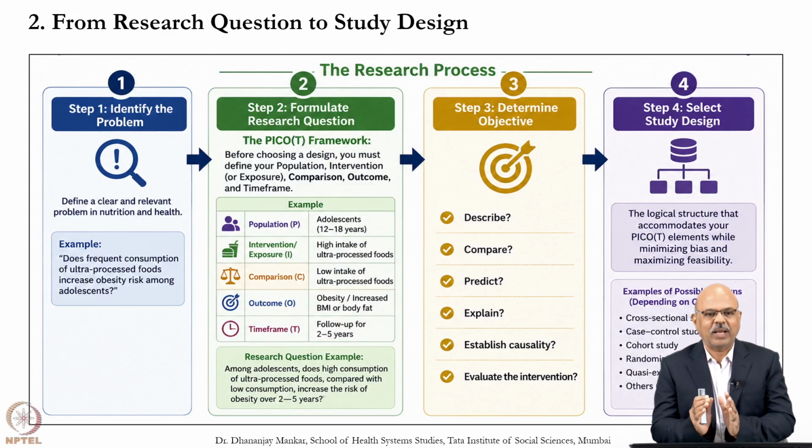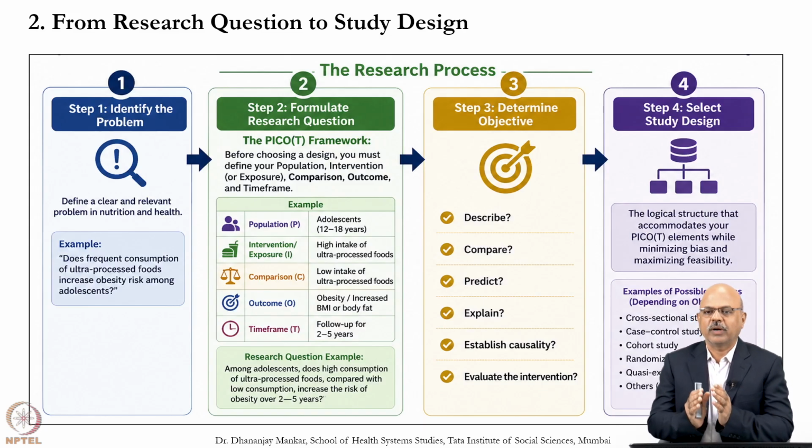It can be to describe, compare, predict, explain, establish causality, where you can come up with the hypothesis, and evaluate the intervention that is being done. So the whole lot of your population, intervention, comparison, outcome and time frame can come up into the objectives over here, which can be more than one.